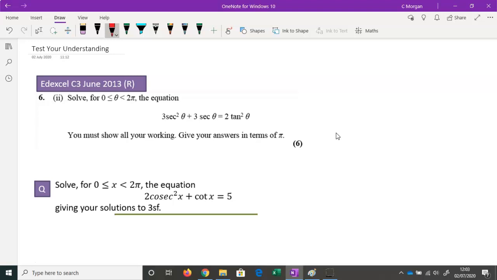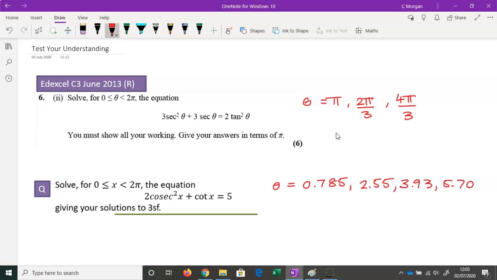Right, so for the first one, theta should be pi, or 2 pi over 3, or 4 pi over 3. And for the second one, the correct answers to three significant figures should have been, in order of size, 0.785, 2.55 radians, 3.93, and 5.70.